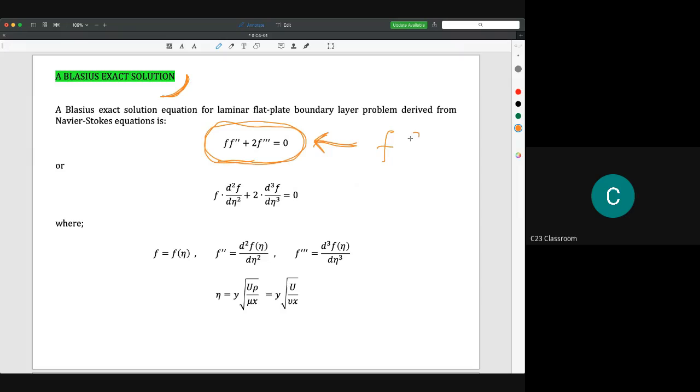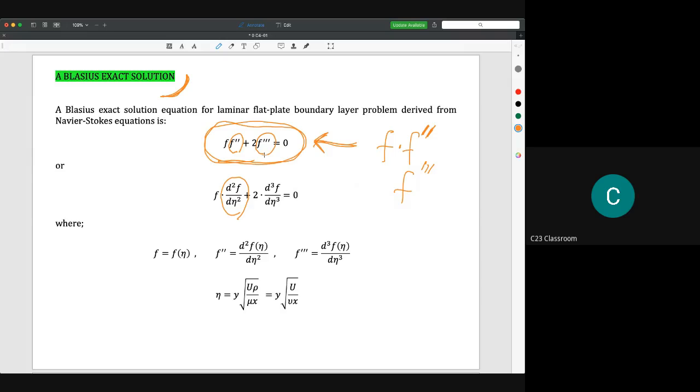We have f and f prime, and we have f double prime and f triple prime here. The meaning of prime here is the differential terms. So f double prime here is d squared f over d eta squared, and f triple prime here is d cubed f over d eta cubed.